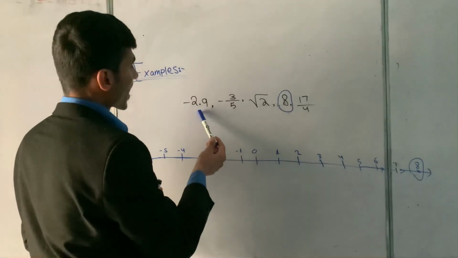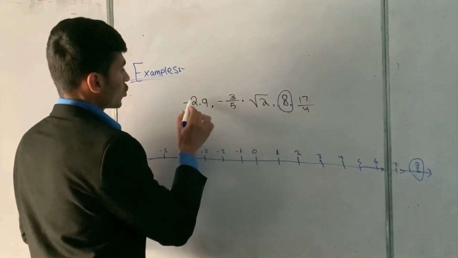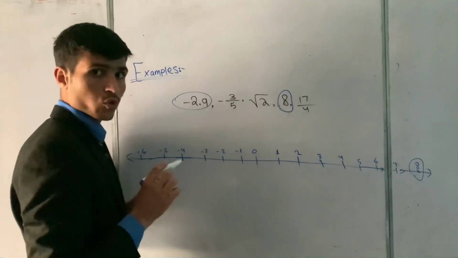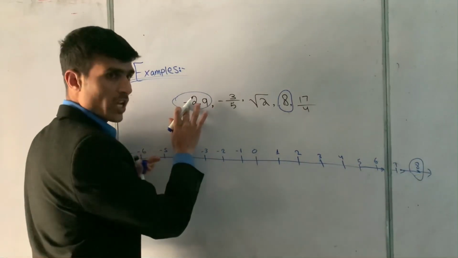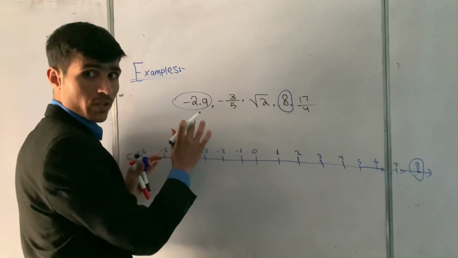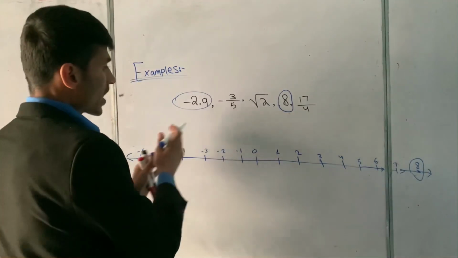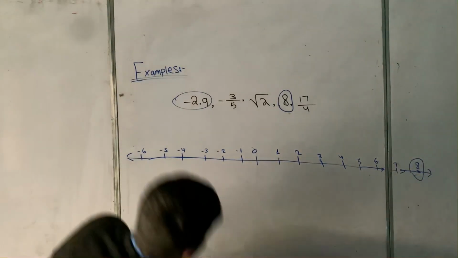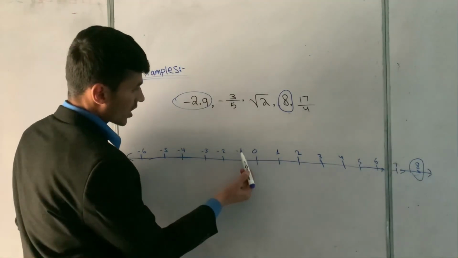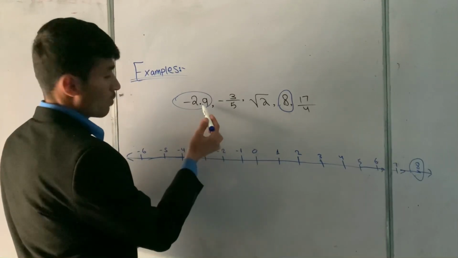Look at the second example, -2.9. Be careful here. Is it positive or negative? Of course it's negative. So negative lies to the left of the 0. This is right, this is left. -1, -2, -2.9.